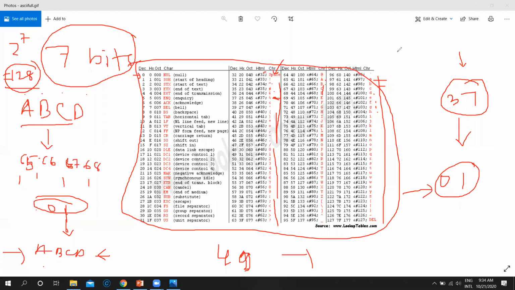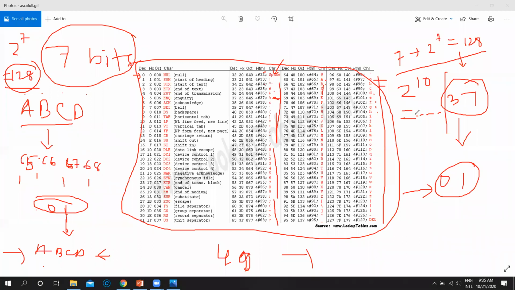That means it can store 2 to the power 7, so it can only convert 128 numbers. If we increase our bits, if we use another standard like ASCII with 8 bits or 10 bits, 2 to the power 10, it can store more characters.